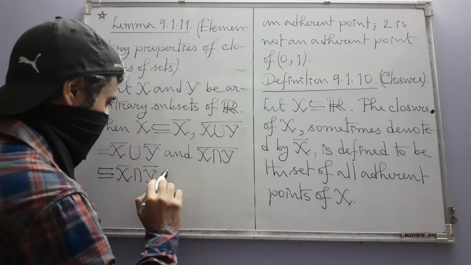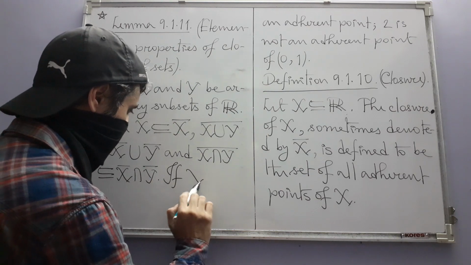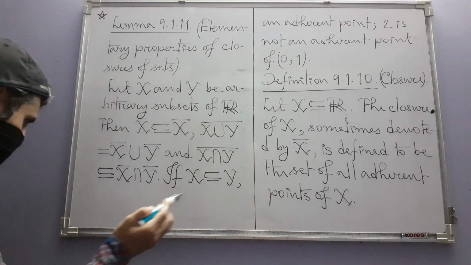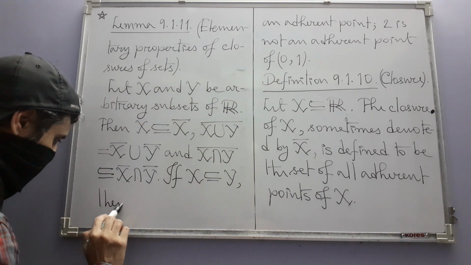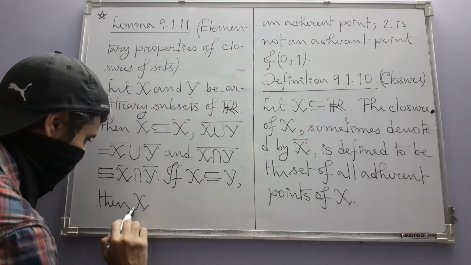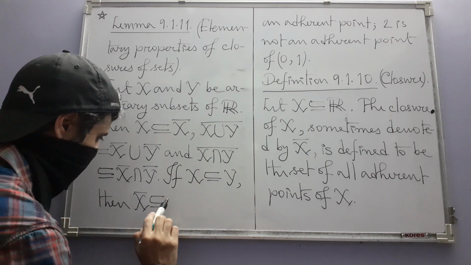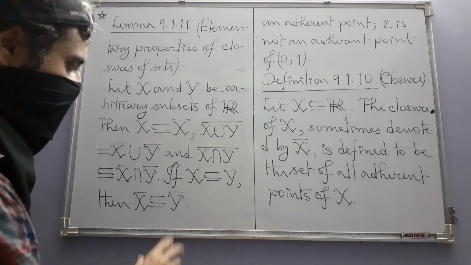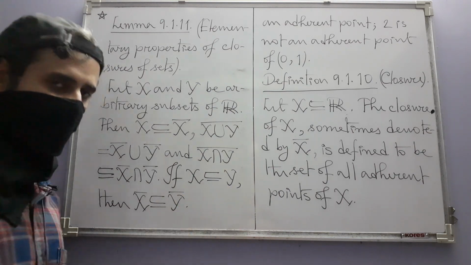There is another one. If X is a subset of Y, then the closures of these sets are also in that relation. Then the closure of X is a subset of the closure of Y. And we will prove this in the second exercise of this section.